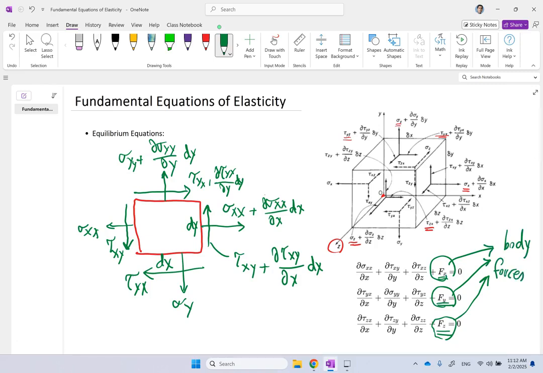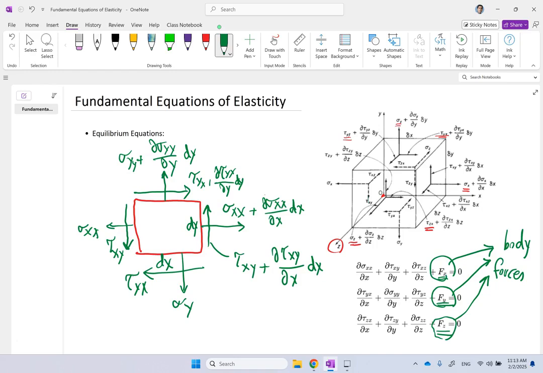So if you have gravity, the gravity is something times this volume, which is dx, dy, dz. Okay, and it could be in any direction. In this case, maybe, for instance, if it's downward, there is only a y component, x and z are 0, or they could be forces due to electromagnetic or any other thing. Okay, so these are body forces, not forces on the faces.